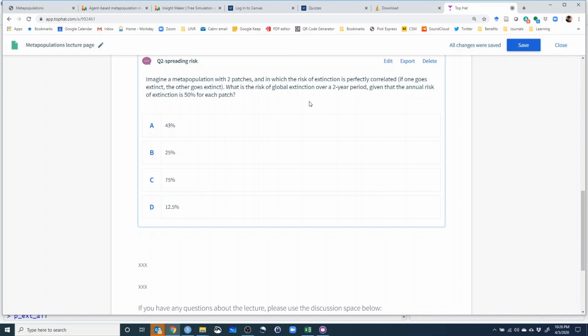So you flip one coin 1 year and decide, well, does it go extinct or not extinct? And then for the next year, flip another coin, decide whether the metapopulation goes extinct or not extinct. Which of these options gives you the risk of global extinction for this 2-year period?